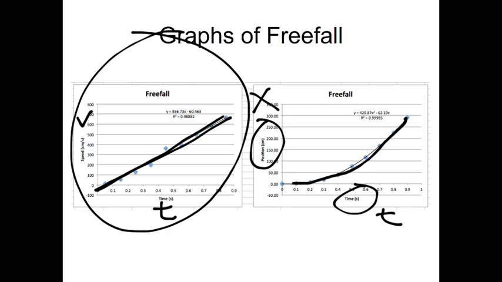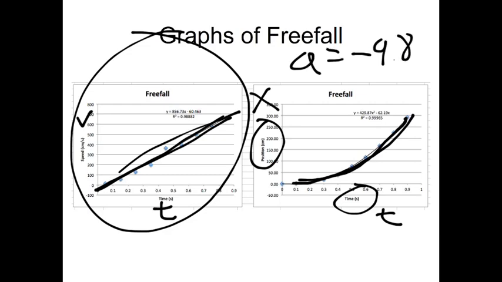Now realize that our motion detectors, or at least our photo gates, can't tell negative and positive. So this thing has a positive slope. This thing is concave up. When in reality, the acceleration should be negative 9.8. And that's just due to the fact that our computer doesn't know the difference between up and down.